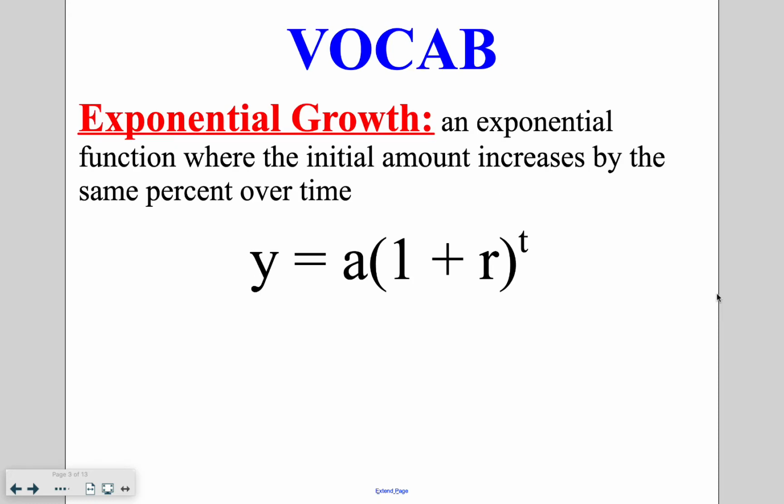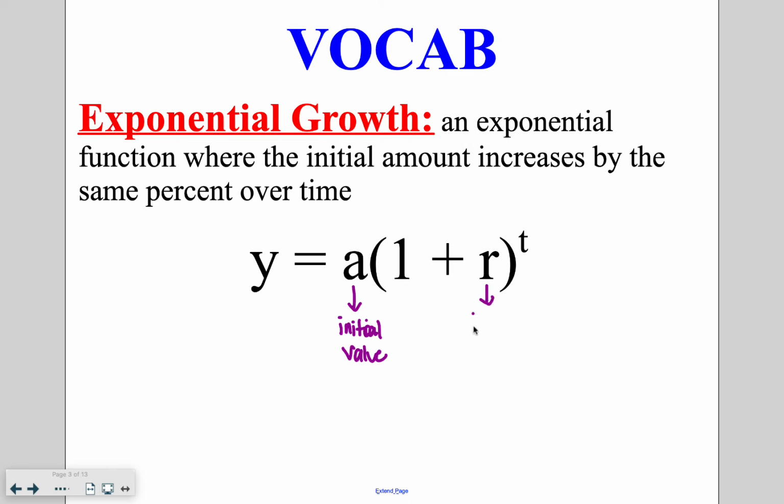This is a specific type of function that is used to predict things that are increasing over time exponentially. In this formula, y equals a, where a is your initial value, so whatever the problem gives you as a start. The 1 stands for 100%, but it is written in its decimal form.